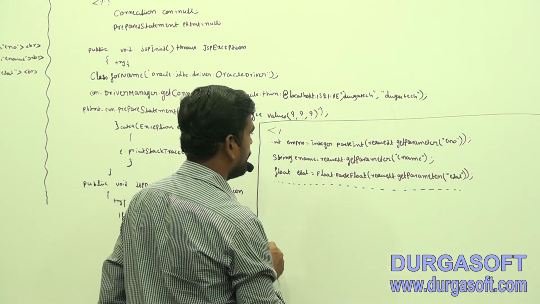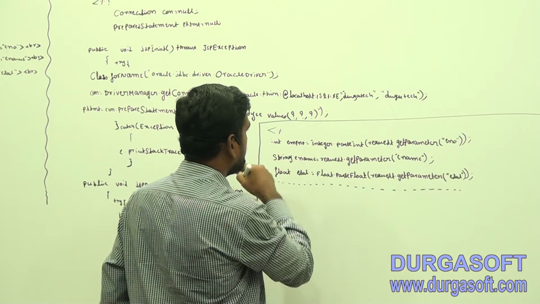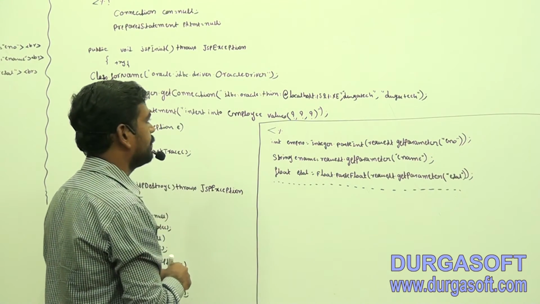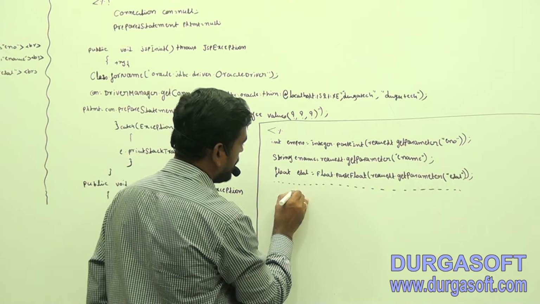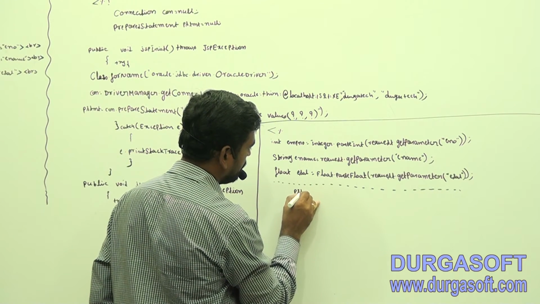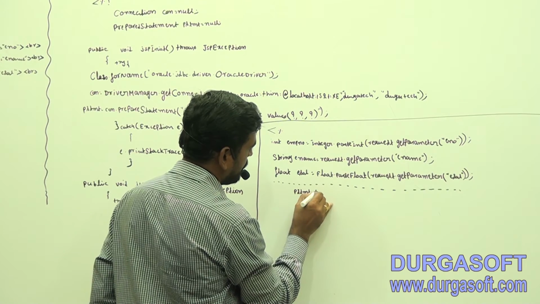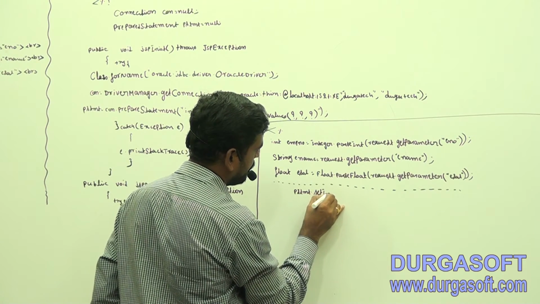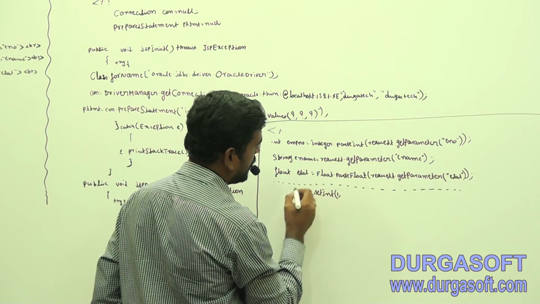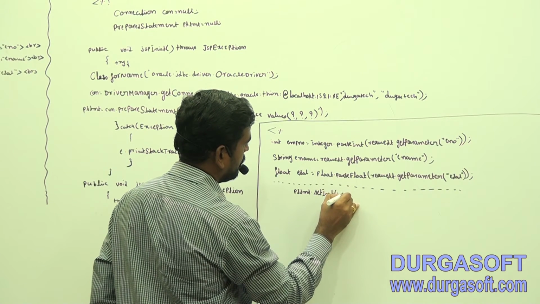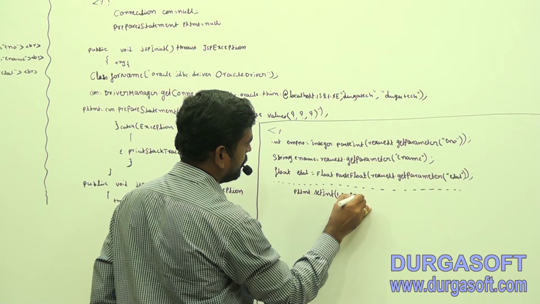Then next, after that, we can set all these values in those question mark places. So now here pstmt dot setInt, under that 1 comma empno.